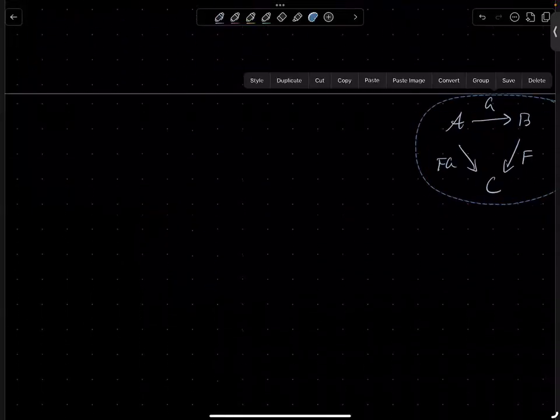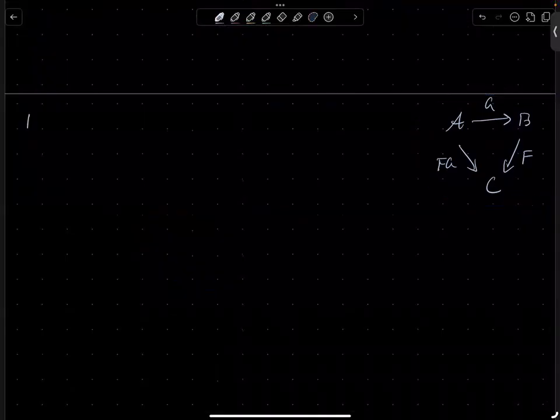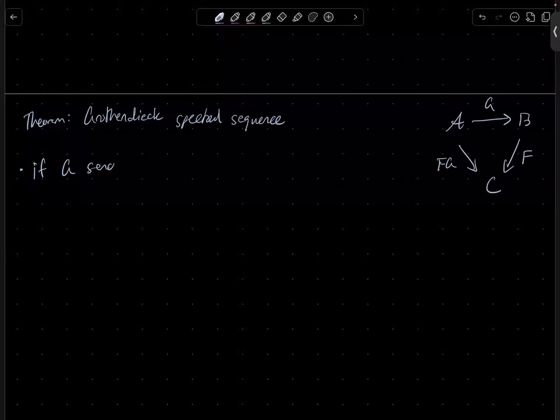And then the actual theorem, which they call the Grothendieck spectral sequence. So, you know, if it has his name on it, it must be very important. Now assume G sends injective objects to F-acyclic objects.